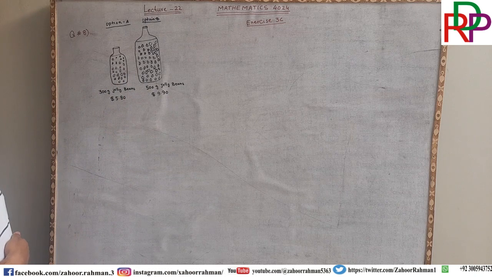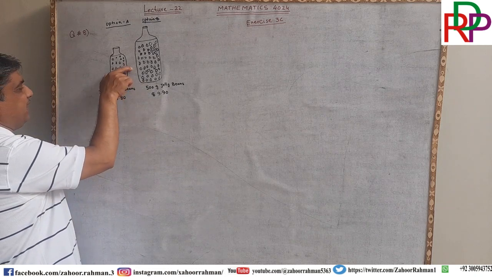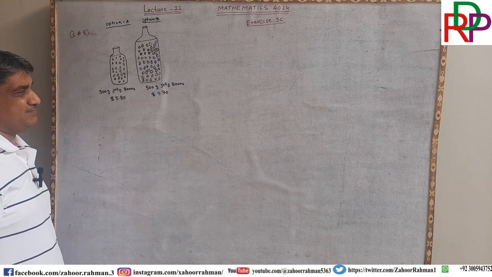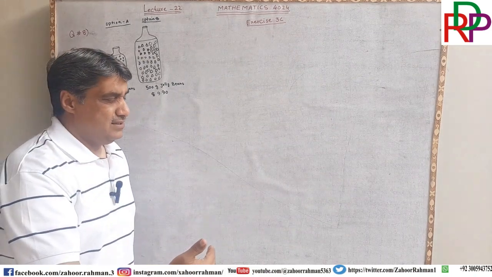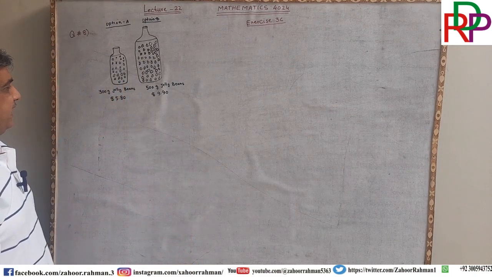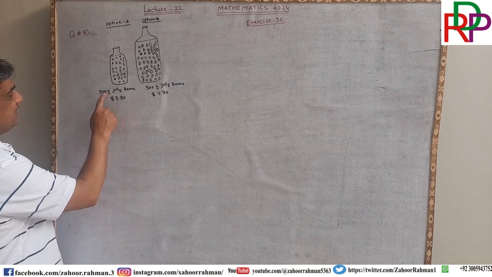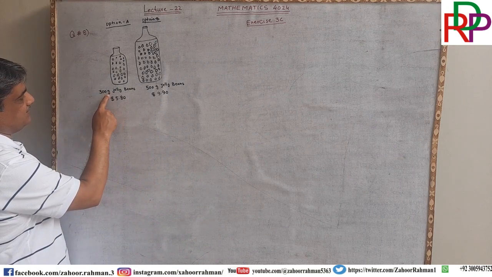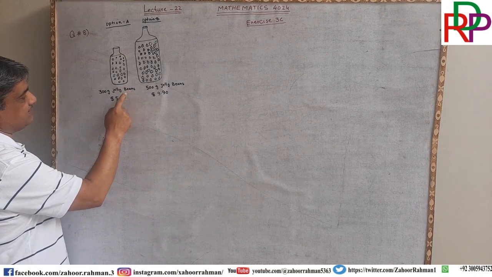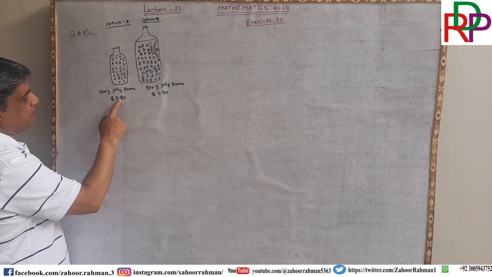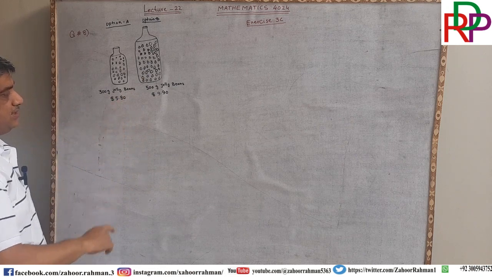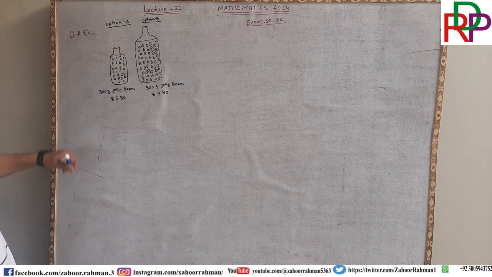I want to buy a bottle of jelly beans. I went to the shopping mall and there I saw that 300 gram of jelly beans costs $5.80. But this is option number A.